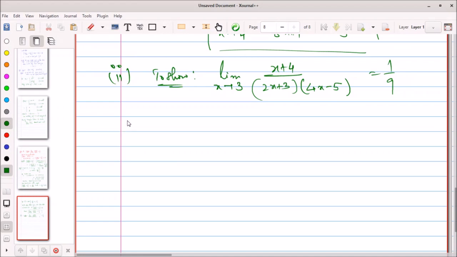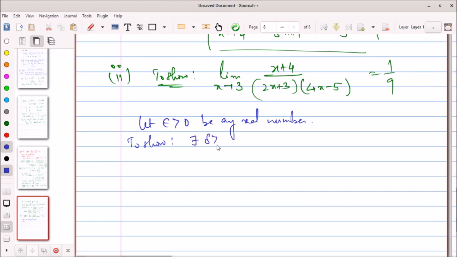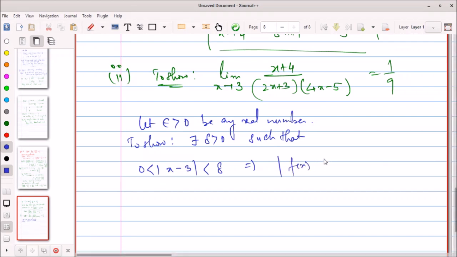So for this, I will let epsilon greater than 0 be any real number. So I have to show there exists delta greater than 0 such that 0 < |x - 3| < delta implies |f(x) - 1/9| < epsilon.